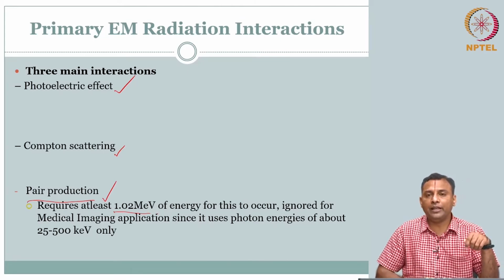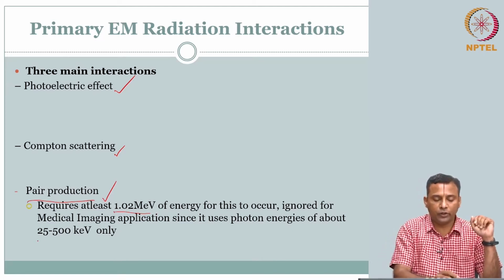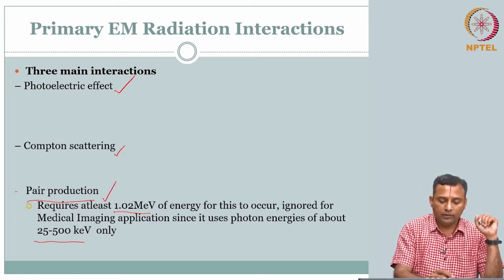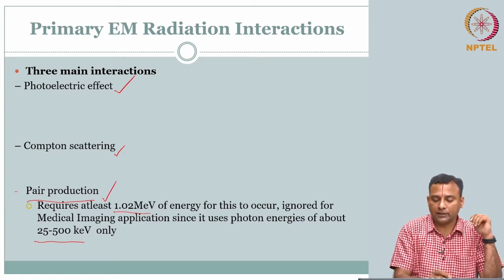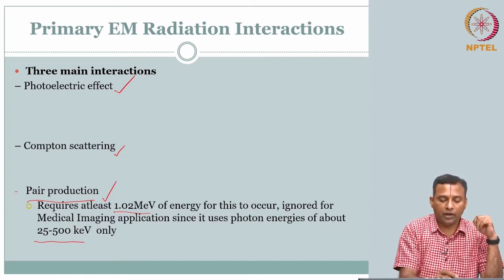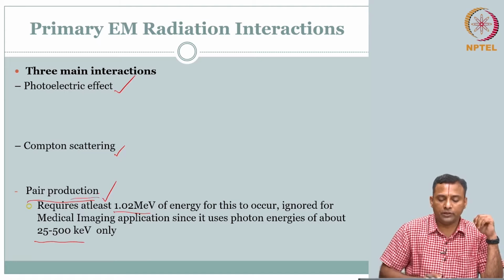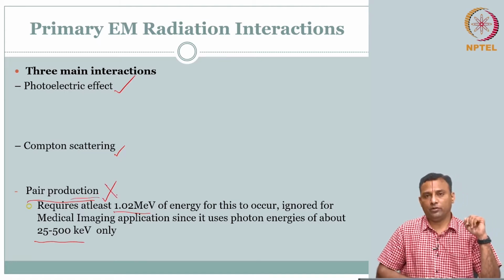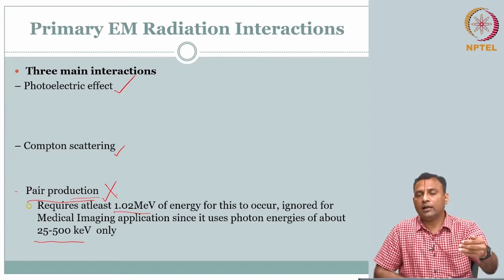Given that we are going to deal with X-ray imaging systems or even gamma rays, we are not going to go beyond this range, like kilo electron volts, hundreds of kilo electron volts. Therefore, for practical purposes in medical imaging, we will not be bothered about pair production. Therefore, we will not cover this anymore. This is just for completeness.